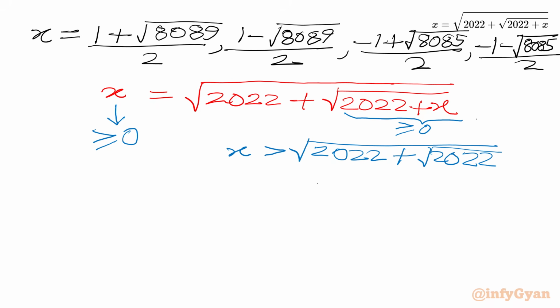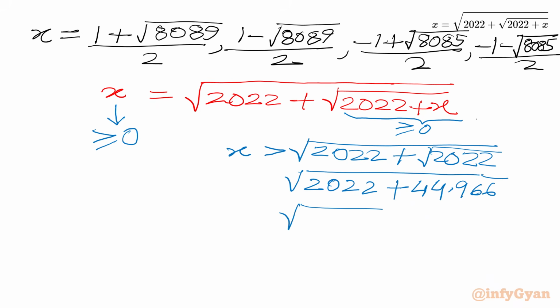Now we know square root 2022 is 44.966. Let's find the decimal value. So I am writing square root 2022 plus square root 2022 is 44.966.